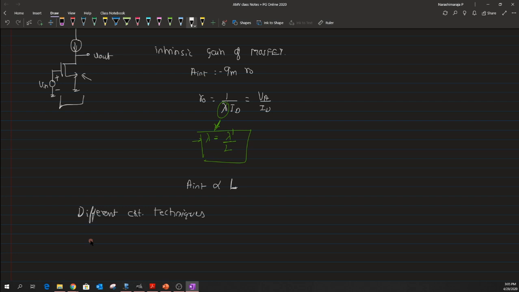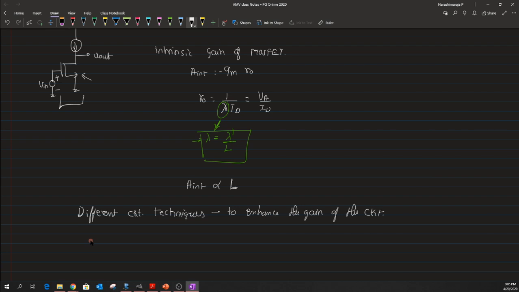We'll be exploring some different circuit techniques to enhance the gain, or to basically achieve large gain out of the circuit.